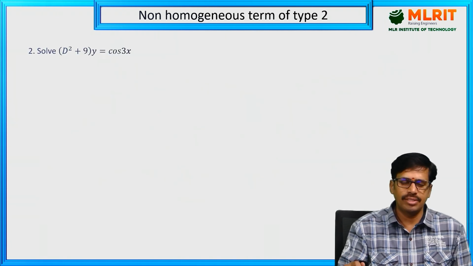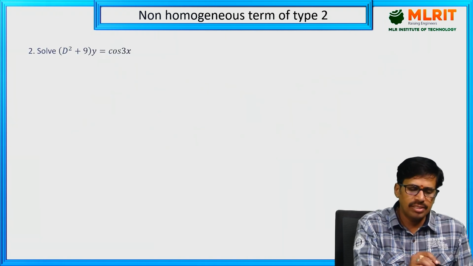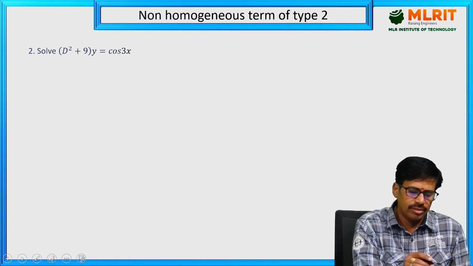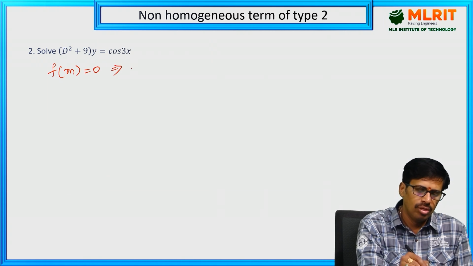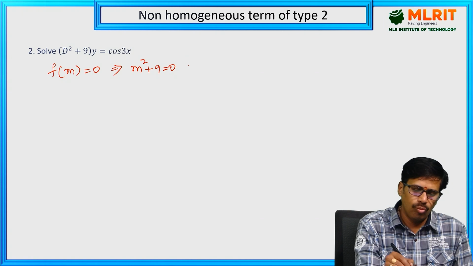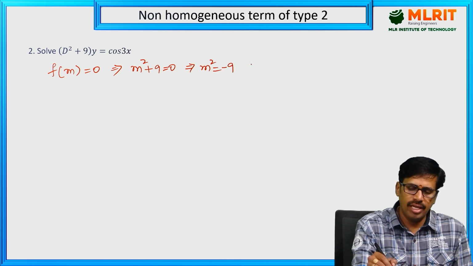Let us see one more example. Solve d square plus 9 into y equal to cos 3x. First let us write down the auxiliary equation, which is given by f of m equal to 0, that is m square plus 9 equal to 0, which gives m square equal to minus 9.